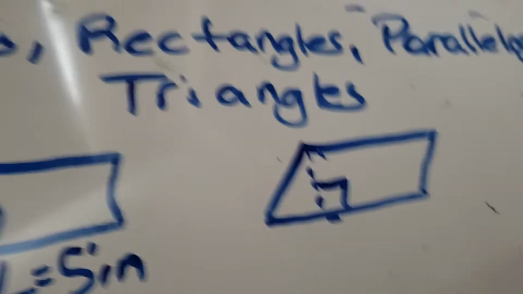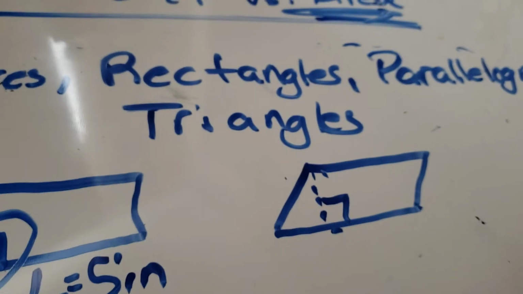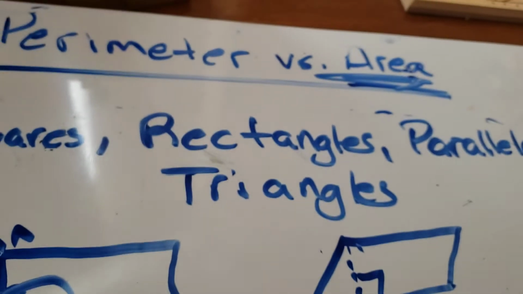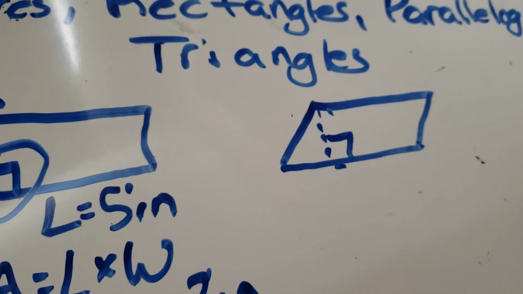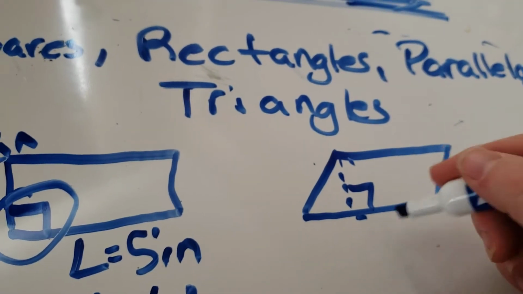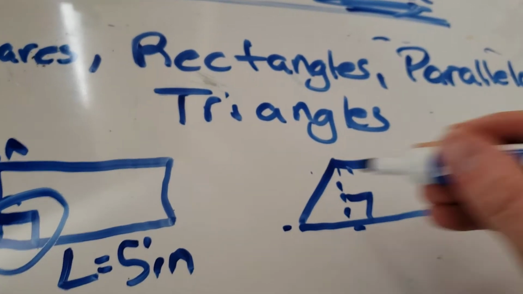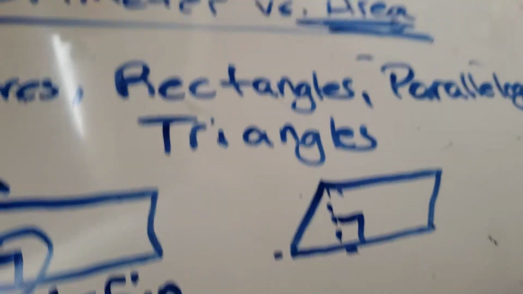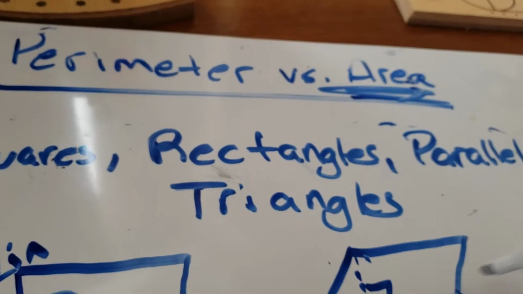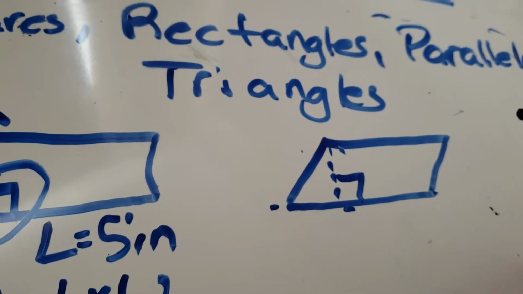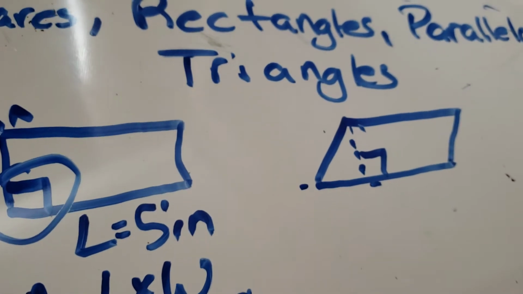All right, our next shape is a parallelogram, and it is a parallelogram that is not a square or a rectangle. So, weird thing about a parallelogram is we can have the length and the width, which we use for perimeter, but because these do not meet at a right angle, we need to rename them.